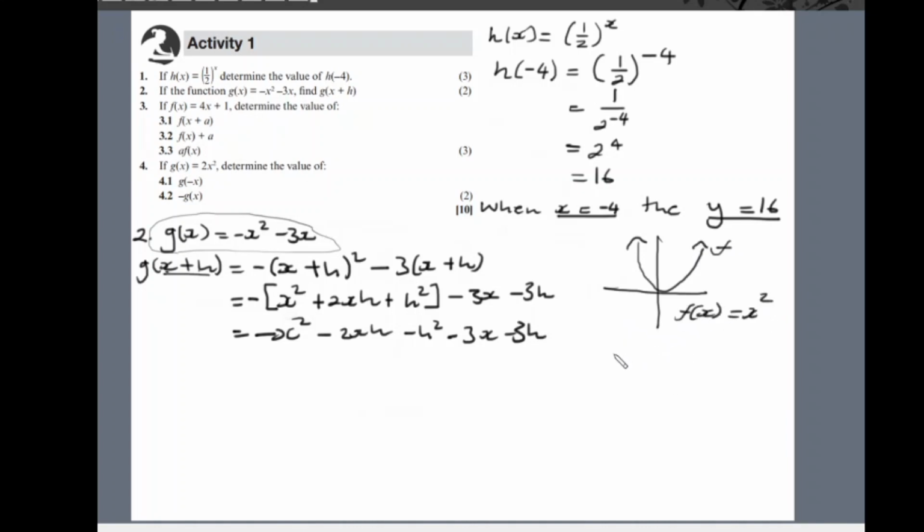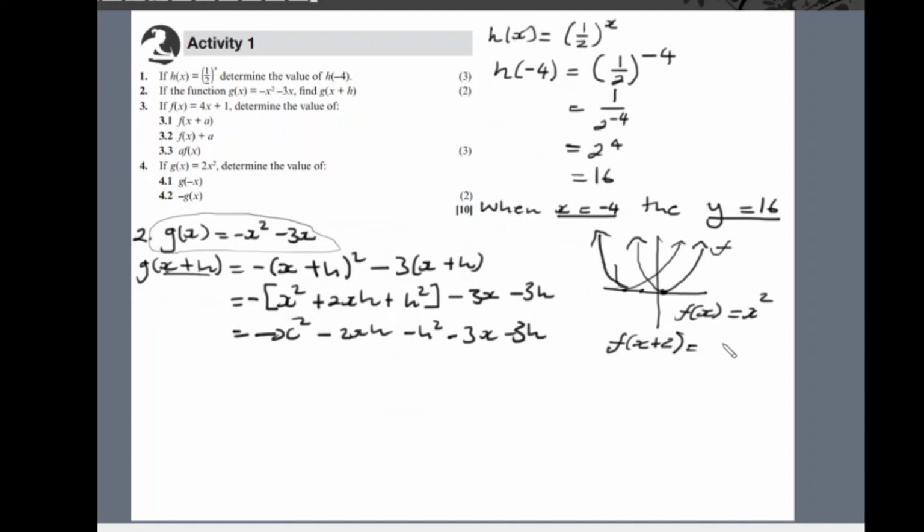And then if I say f of x plus 2, then what happens here is that I will shift this graph 2 units to the left horizontally, right? So the graph will come here, right?